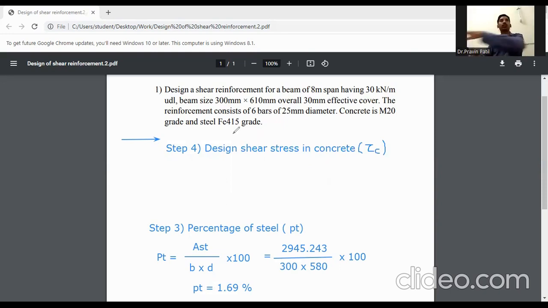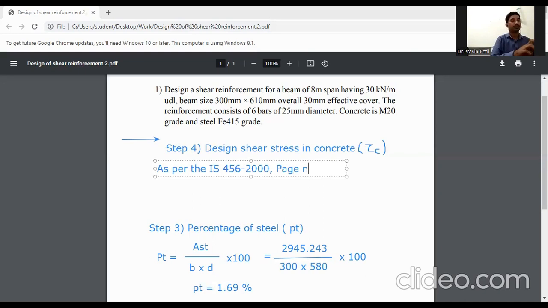Write down: as per IS 456 2000, page number 73 and table number 19.